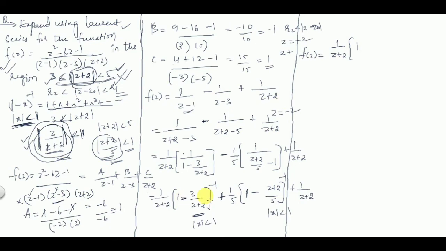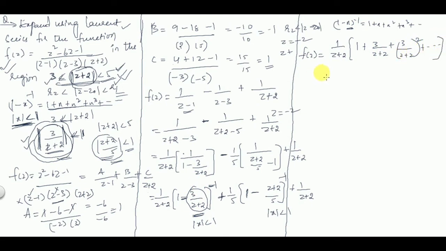Both are negative, here it is negative and here also it is negative, so 1 minus x whole inverse is 1 plus x plus x square plus x cube and so on. In the place of x, now you have 3 by z plus 2, right? So 1 plus 3 by z plus 2 plus 3 by z plus 2 whole square plus so on.